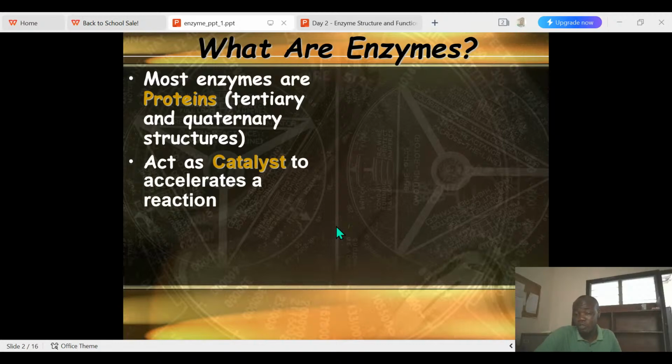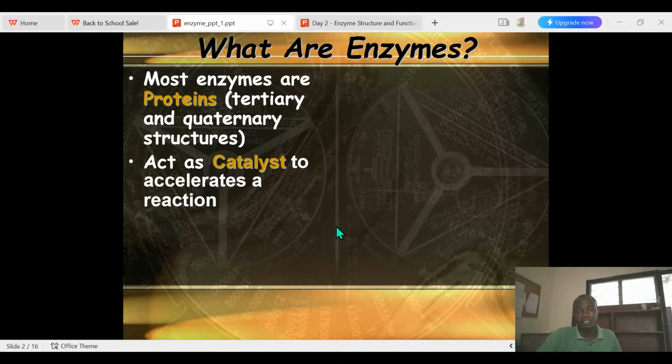It means that energy will not be generated, and if there is no energy in your body, there will be improper functions. So you need enzymes to speed the rate of the reactions so that all the physiological processes are maintained in the body. That is one of the most important aspects of enzymes.